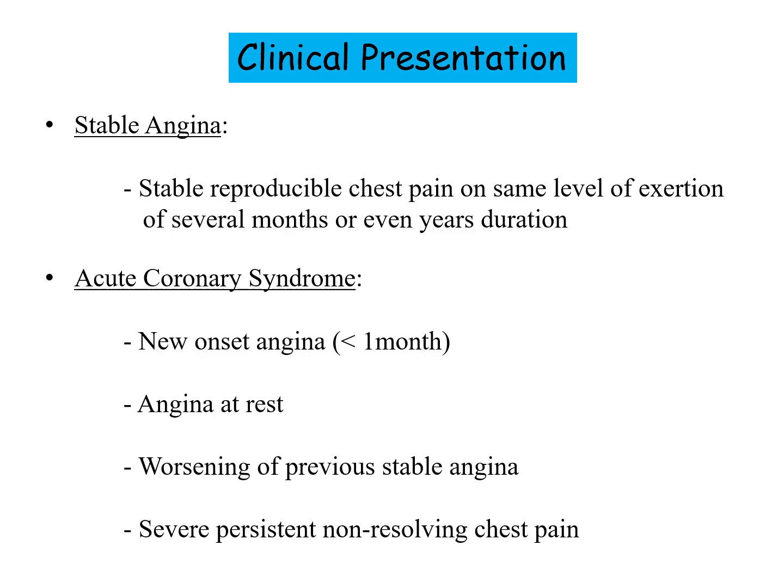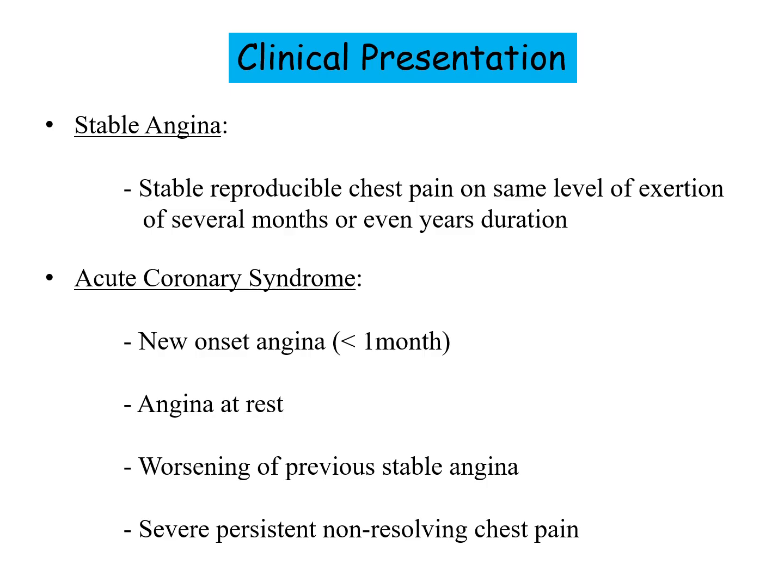On the other hand, patients with acute coronary syndromes, which are due to acute plaque rupture and thrombus formation, usually present to the emergency department, and they can have one of four clinical presentations. They either have new onset angina of less than 1 month duration, angina at rest, or worsening of previous stable angina.